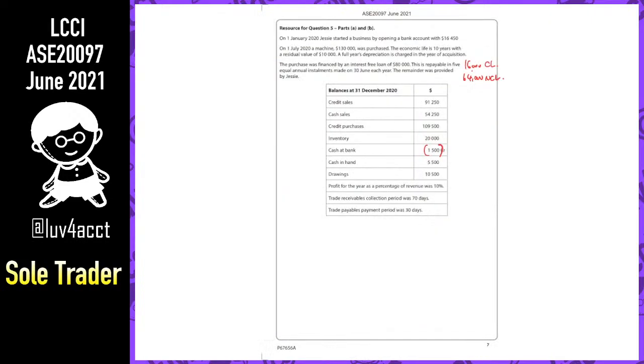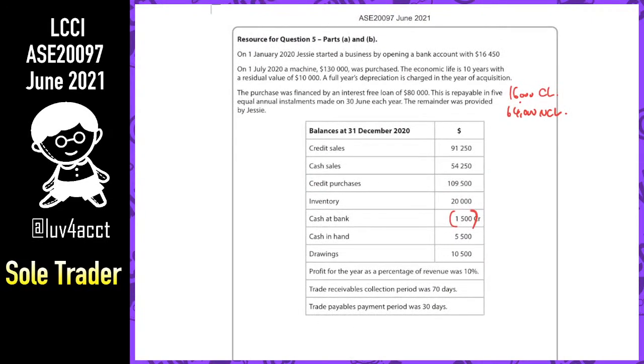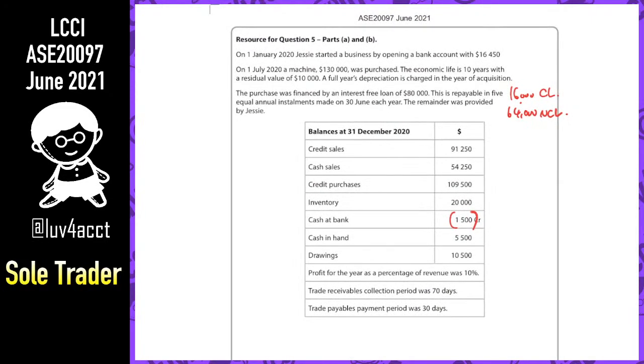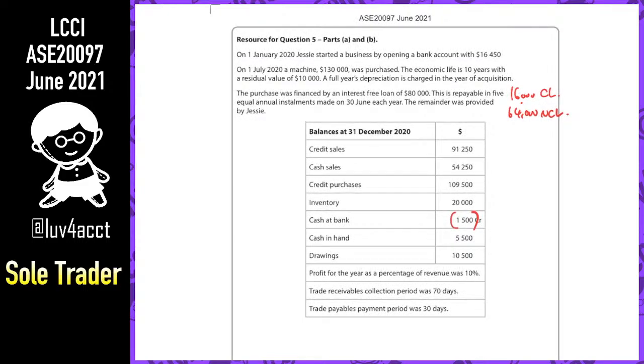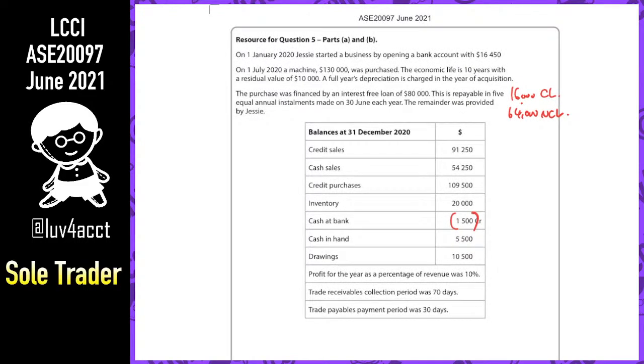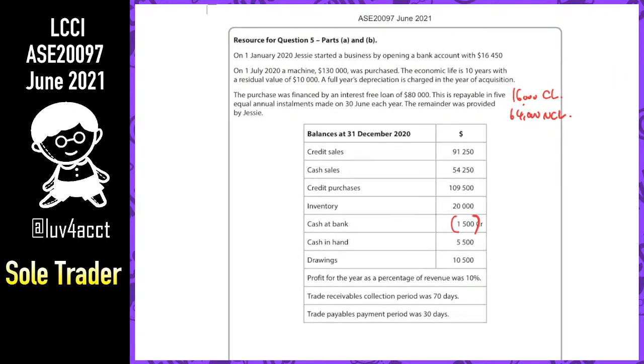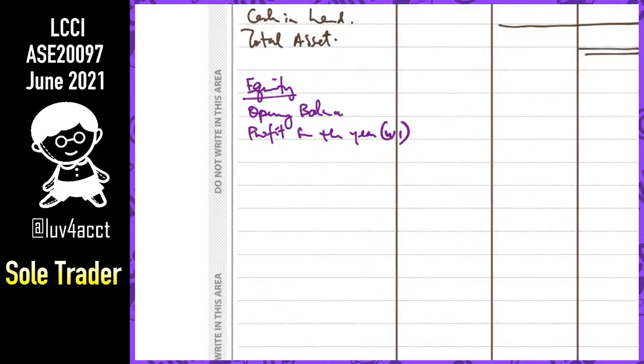Let me look at one more thing. I think you have one more item.